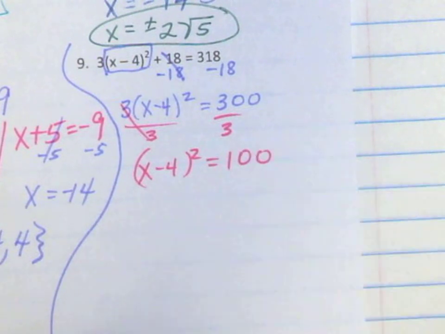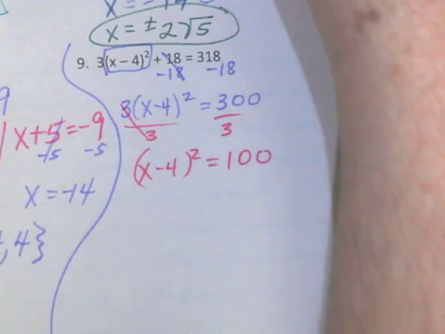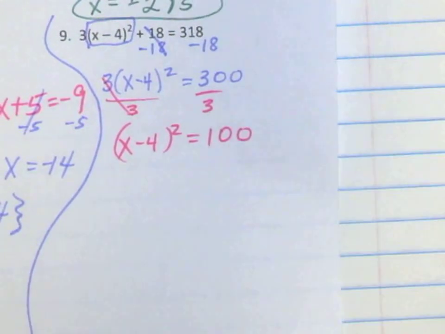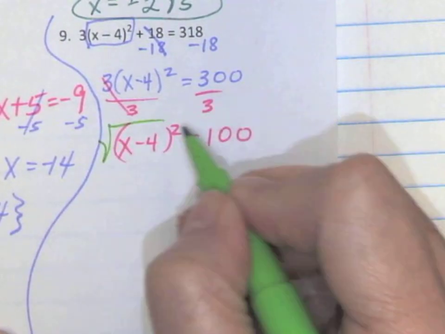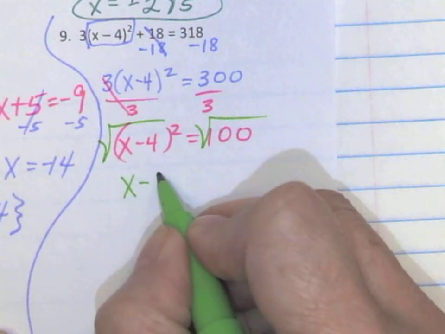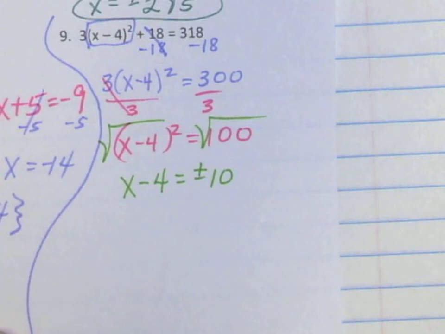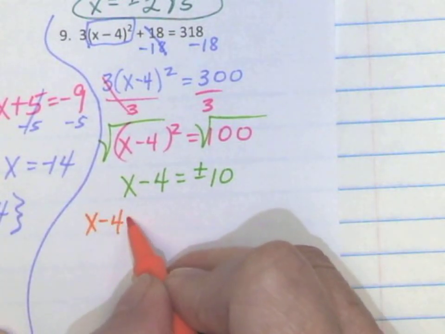Now this looks a lot nicer. Now that my parentheses squared is isolated, now I can take the square root of both sides. X minus 4 equals positive or negative 10 because the square root of 100 is 10. And I need both the positive and the negative answer in there.